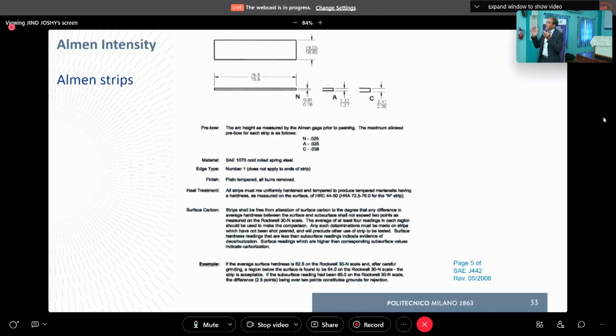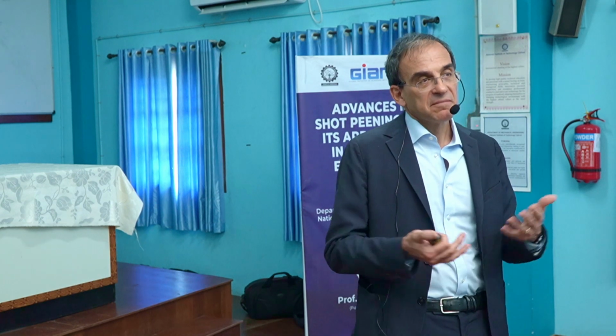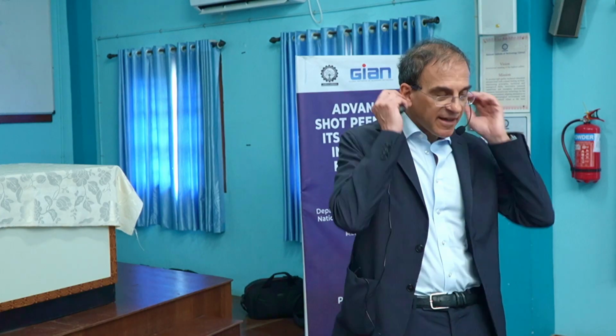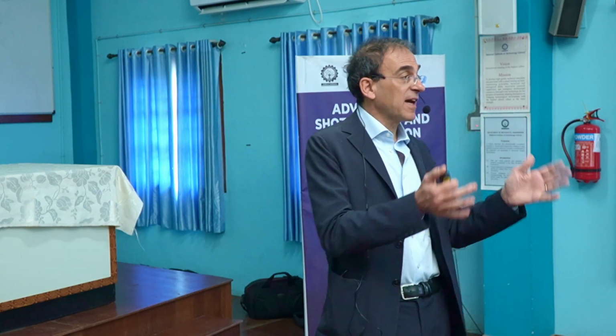In the end, the Almen strips are not manufactured by the company, they are bought from a supplier. Okay, there are some specialized companies that sell the Almen strip, and so we are sure that we are using the right one. They are certified.